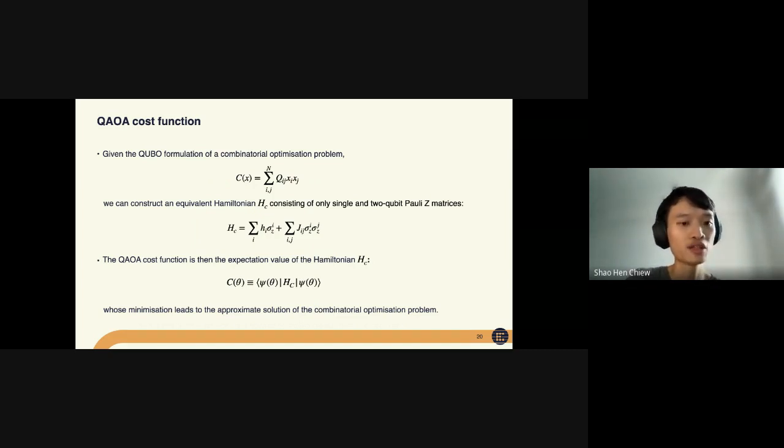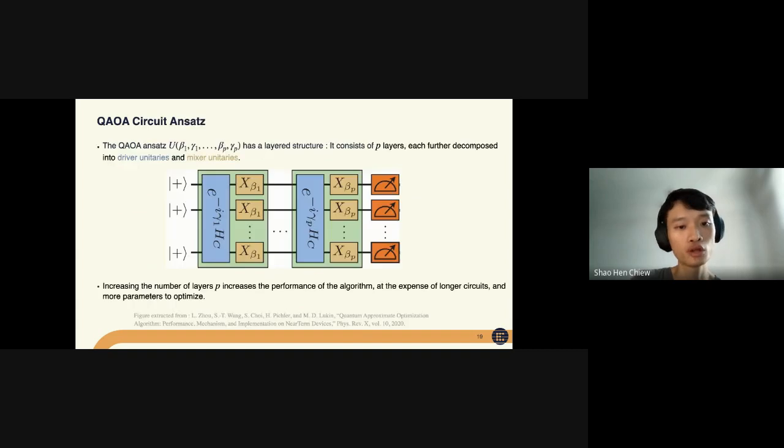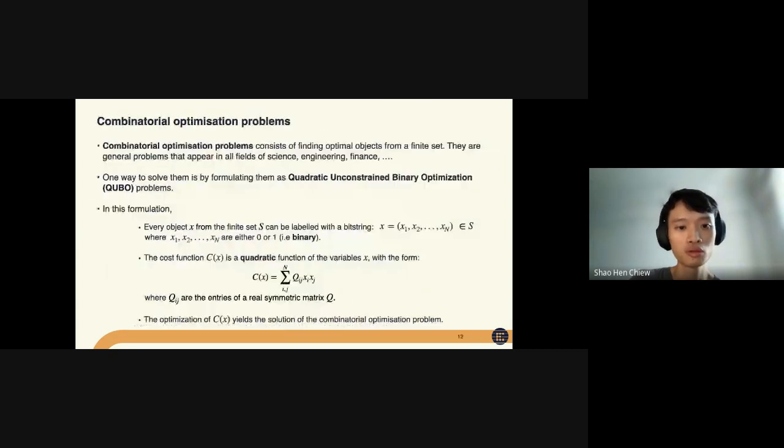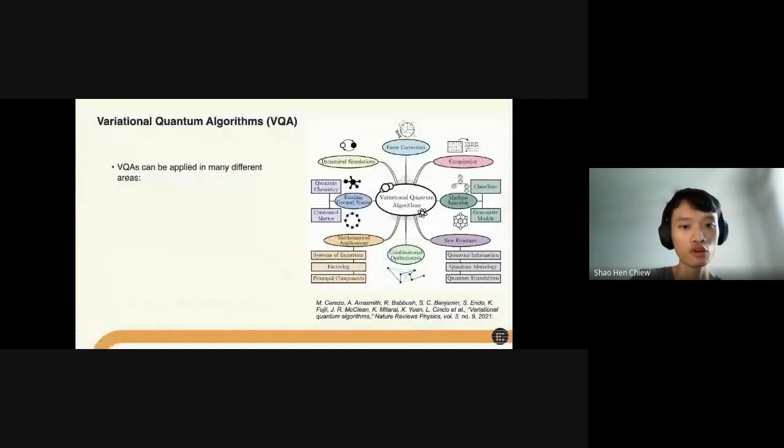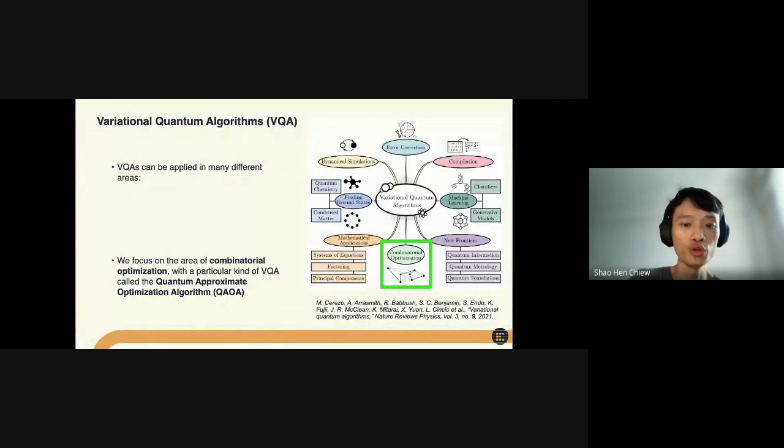But I don't know exactly what this problem is, so I can't say anything about that. But you are right. In general, if there is a kind of problem and you wish to apply QAOA to it, the first thing that you need to do is to find a QAOA formulation of the problem. That is the component that you need to encode your problem on a quantum computer, which can then be optimized.